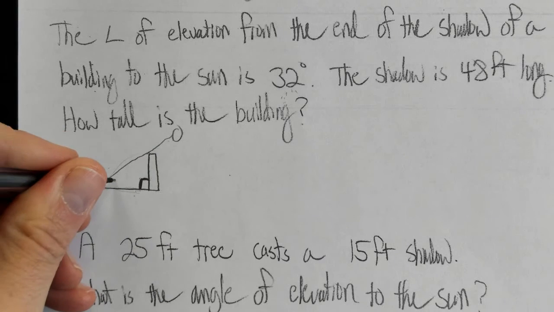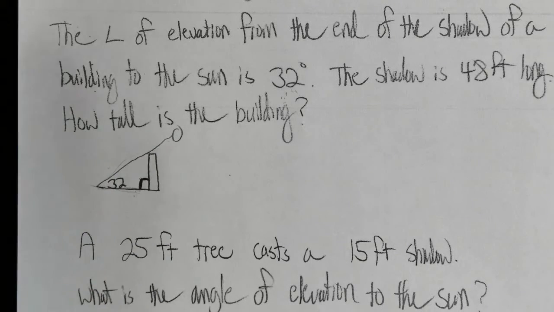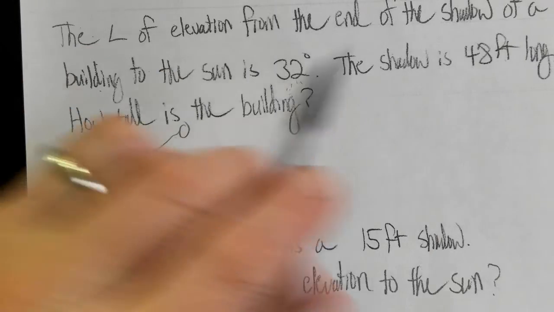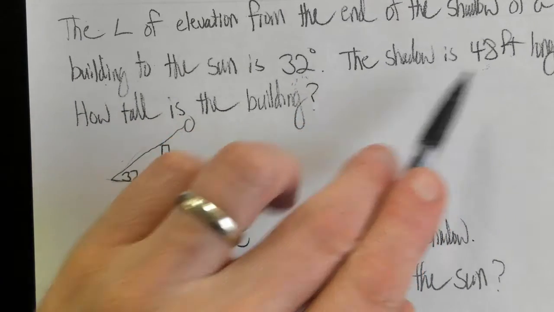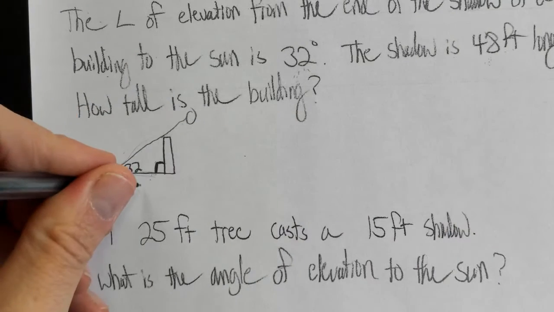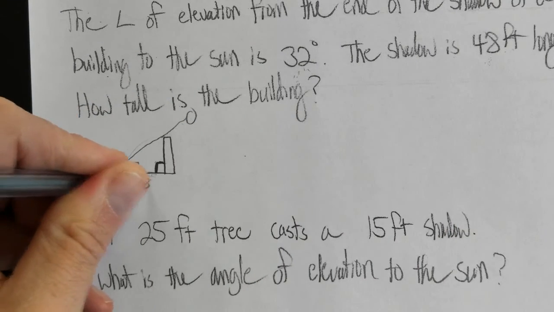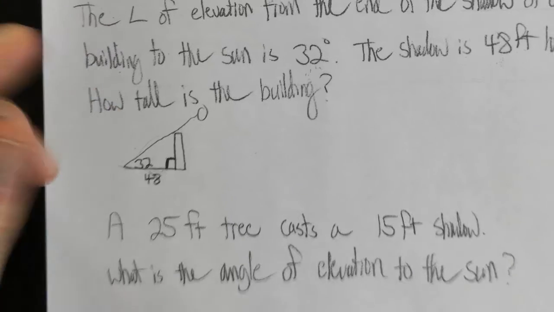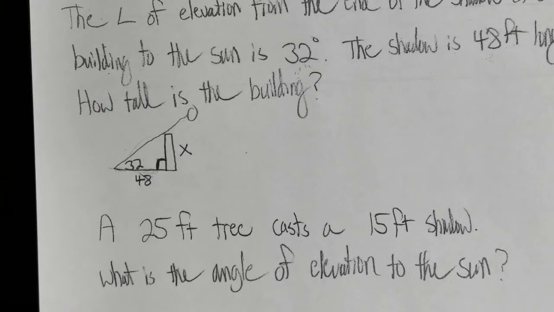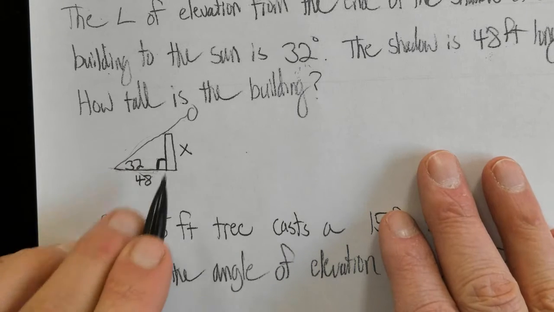So there is where my 32 degrees would go. We put our degree in the right place, and we also need to put our 48 in the right place. The shadow is 48 feet long. So where does my 48 go? It goes on the ground. And the question is, how tall is the building? That's my x.